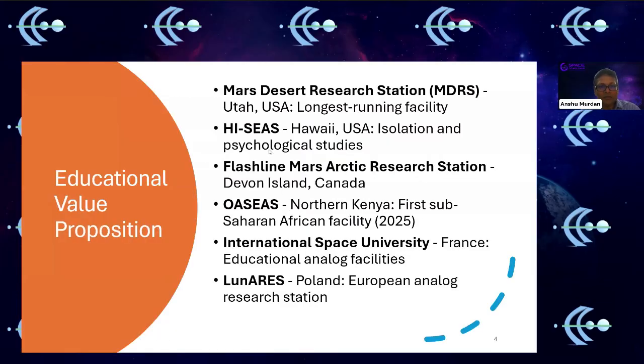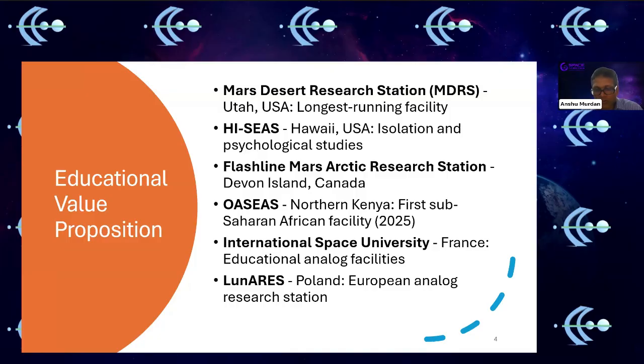So what is the value proposition? You have all these already existing research analog centers, and each of these specializes in certain fields, like the Mars Desert Research Station in Utah, USA.